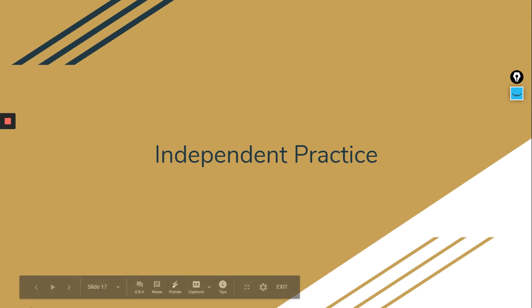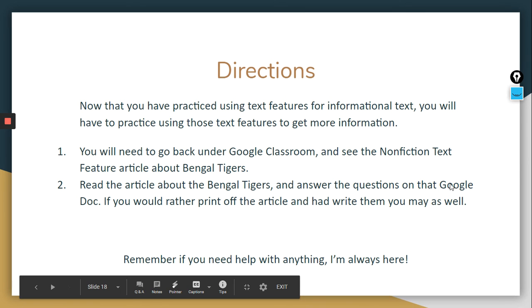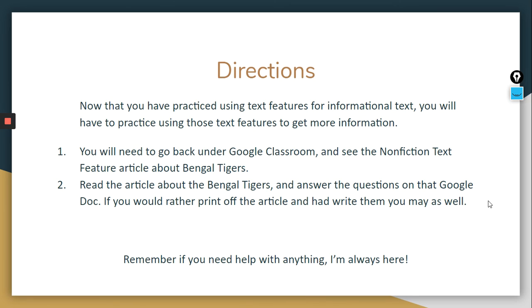And so for this practice, you're going to go back to this Google assignment on your Google Classroom, and you're going to find a non-fiction text feature article about Bengal tigers. Okay, so it's going to be a Google Doc in Google Classroom. And on that doc, you're going to see the passage and also the questions. So that Google Doc you can type on. So I want you to read the passage and you're going to answer the questions in the Google Doc.